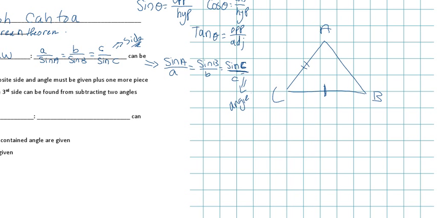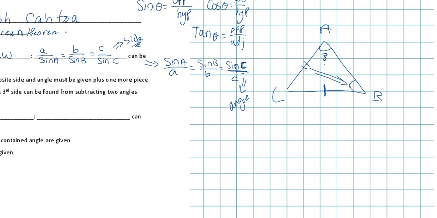So what angle must you have? B or A. Because you must have an opposite angle, right? So if they give you B, that's an opposite angle. If they give you A, then you can solve for angle A. Because remember with sine law, you must have the opposite. You're solving for the opposite.